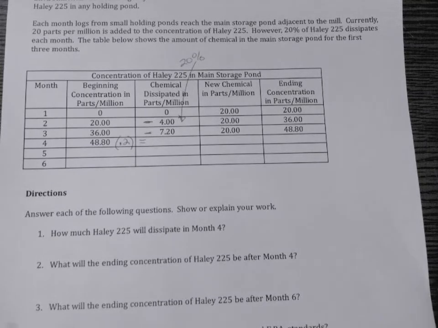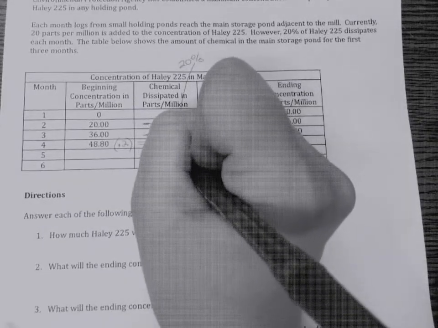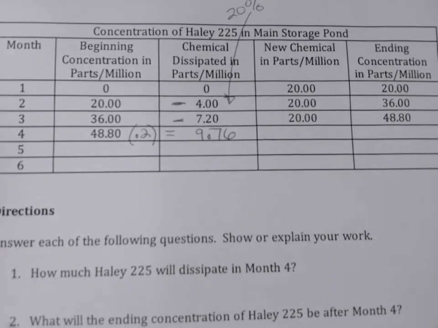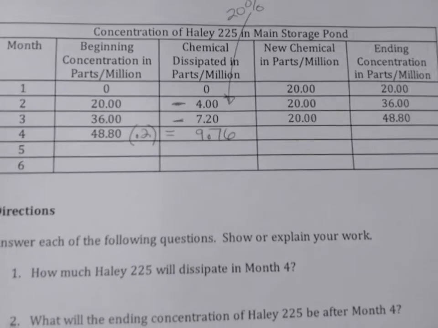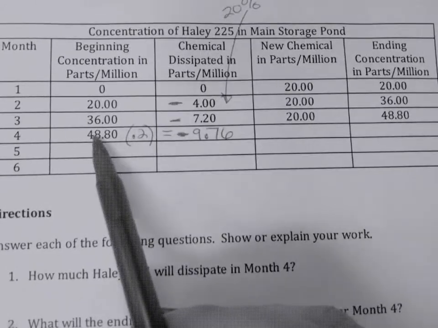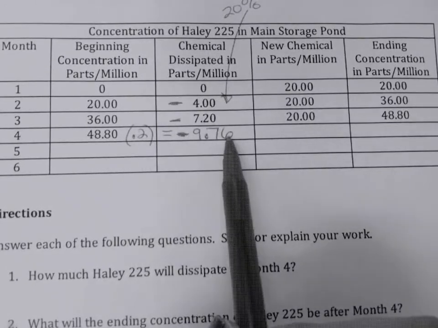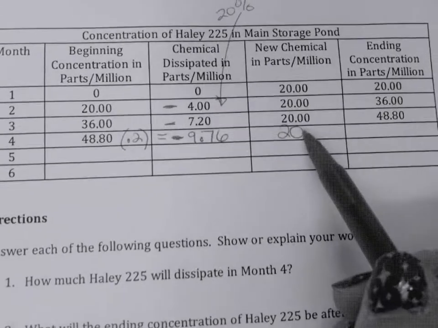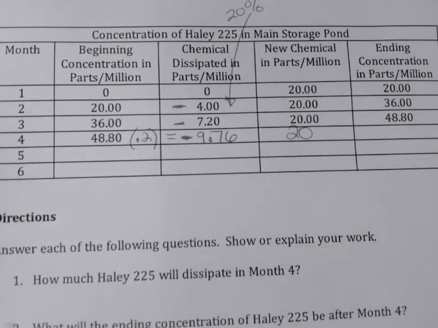So 48.8 times 0.2, try it on your own calculator, gives me 9.76. So I did 48.8 times 0.2. So I'm going to then subtract off 48.8 minus 9.76, and I'm going to add back in 20 because I'm dumping more chemical in the pond.